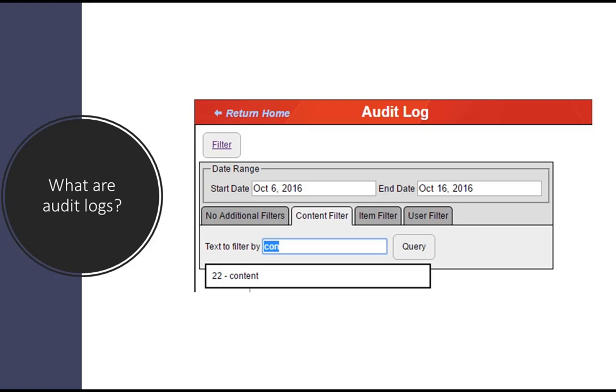Did they go to the fax server? Did they save, delete, change or create a document? All of those transactions will be recorded in a file that monitors all of those transactions. So it's a transaction log or an audit log. Those audit logs are very important to be able to record who did what when.